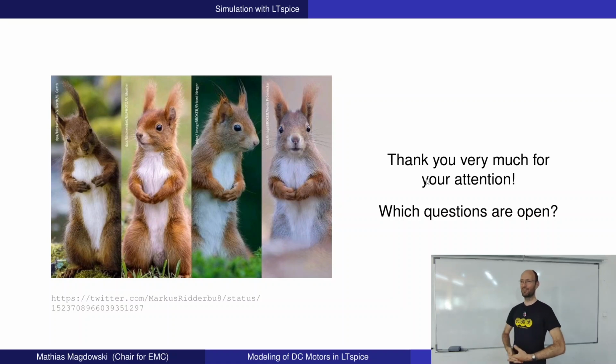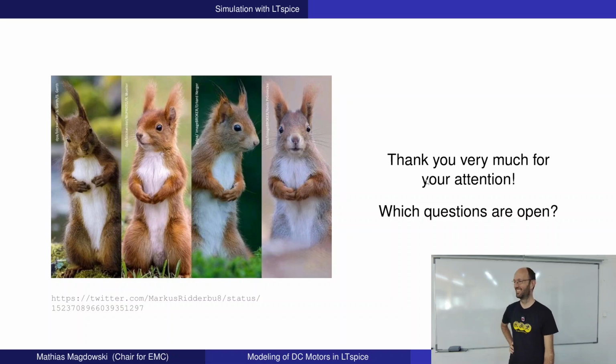I will stand like this, like the squirrel. By the way, if you come to Germany and want to practice German, this is probably for foreigners one of the most complicated words. How is this animal called in Germany? It's called Eichhörnchen.